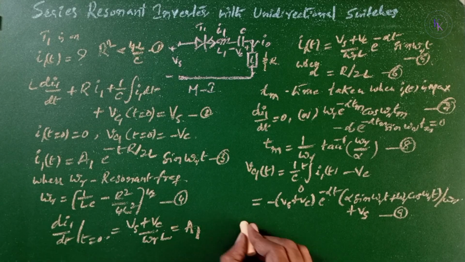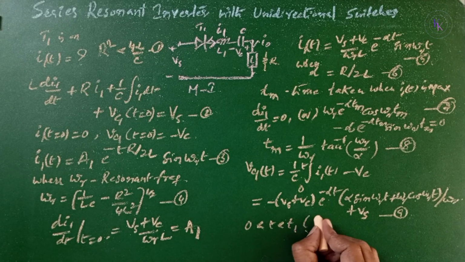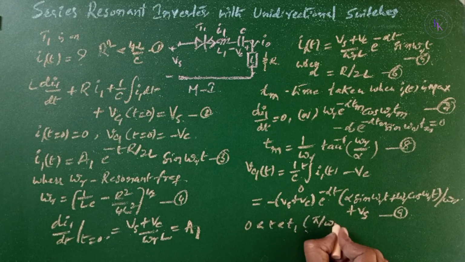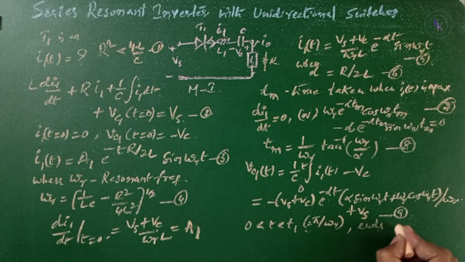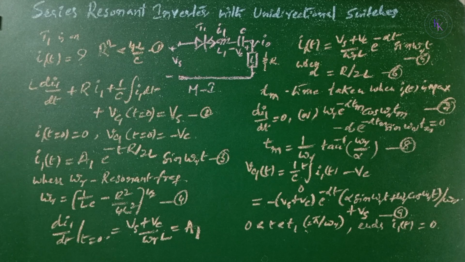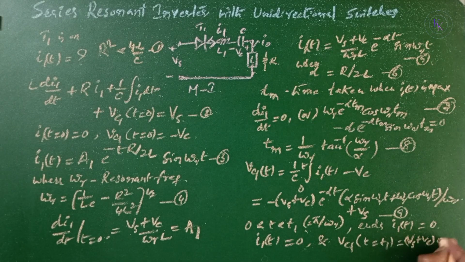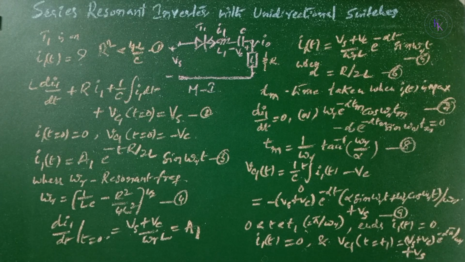This mode is valid for 0 less than t less than T1, where T1 is pi by omega R. Hence i1(t) equals 0 at time T1. So at the end of this mode, i1 equals 0 and Vc1 at t equals T1 equals (Vs plus Vc) e to the power of minus alpha pi by omega R, plus Vs.